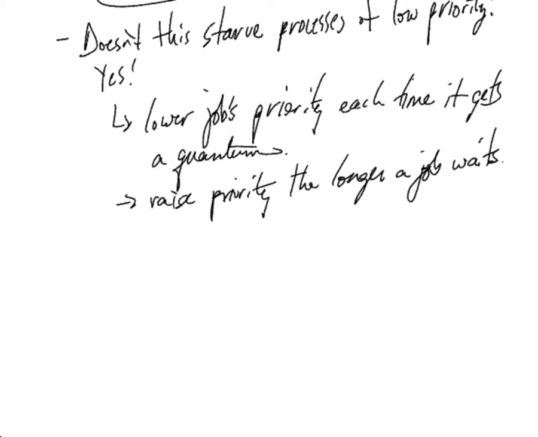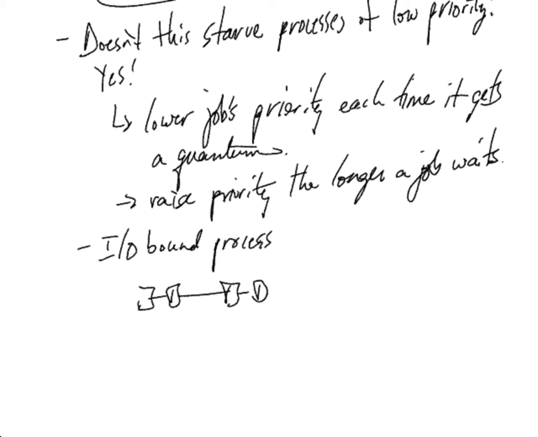Now, something to keep in mind is an I/O-bound process. As a reminder, an I/O-bound process is one where you have small spurts of CPU. So this is CPU right here, and then this right here is I/O. We're going to get a little bit of I/O, a little bit of CPU, and then some I/O, and so on. And so these processes may not use up their entire quanta each time they get it.